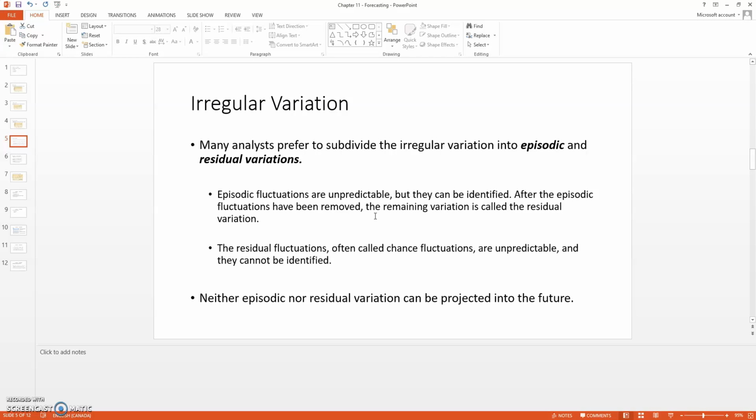As I've said, they are chance fluctuations, unpredictable, and they cannot be identified in terms of the reasons why something's happening. Sometimes, for example, sales or production is just down because of other unpredictable variations or random fluctuations.